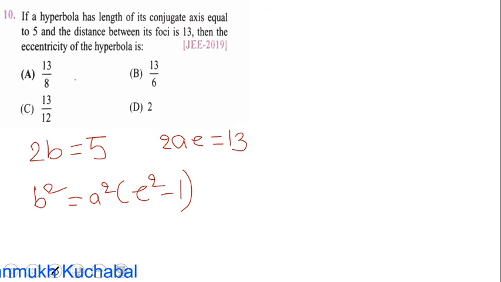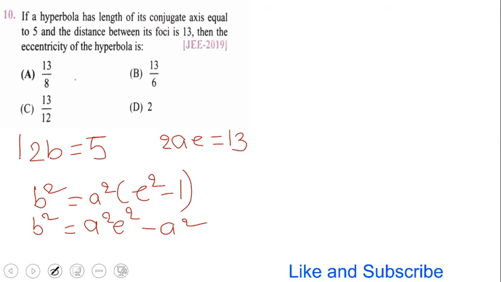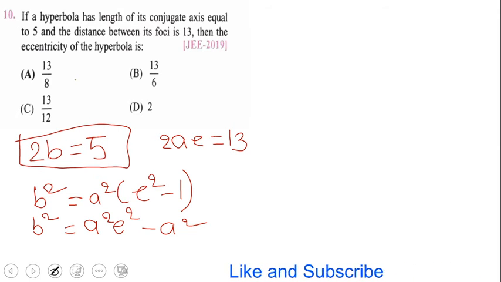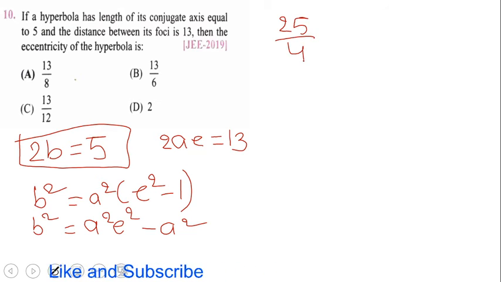Then a square will multiply on the RHS, so b square equal to a square e square minus a square. We know 2b, so b value is 5 by 2, and 5 by 2 squared is 25 divided by 4.